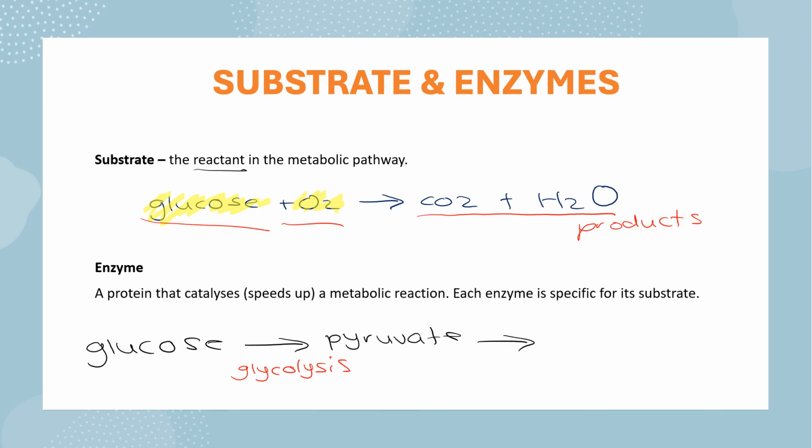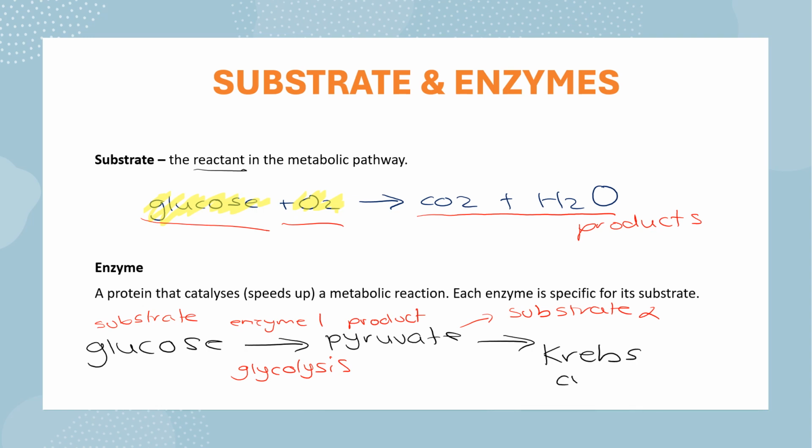So we can say that glucose over here is the substrate. A specific enzyme, we'll just say enzyme 1, will be used during glycolysis to make our product, pyruvate. That now becomes our substrate 2, and that might undergo our second step.